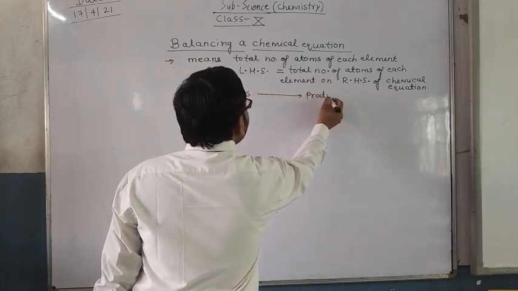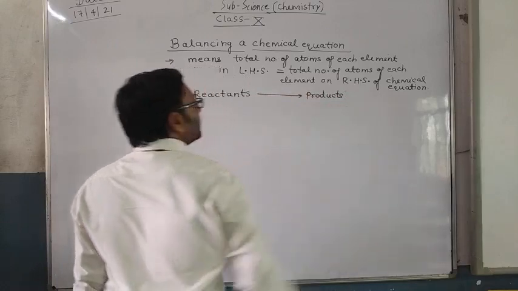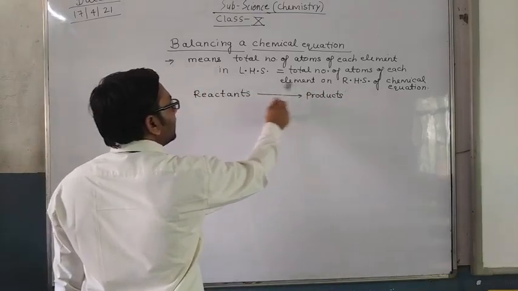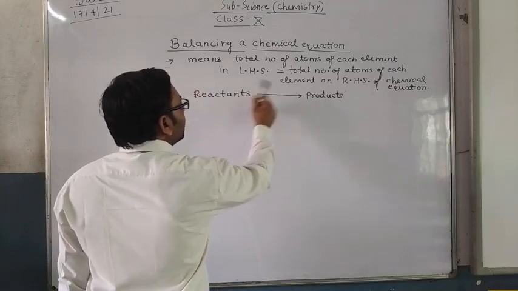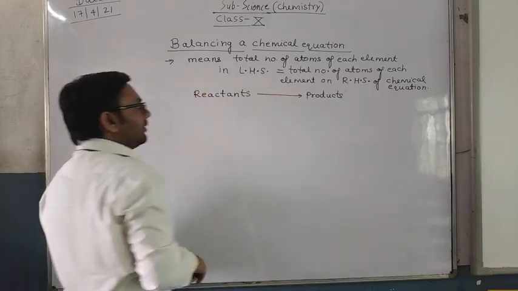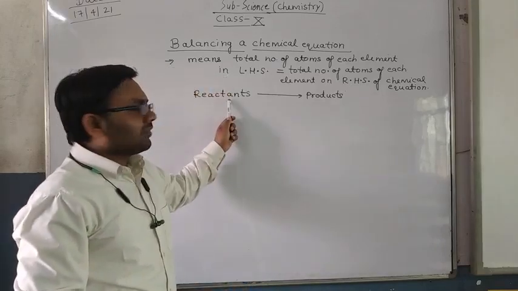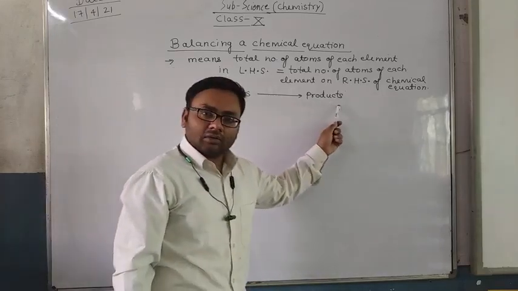This is the representation of a chemical reaction. There is an arrow in between which separates the reactants and the products. This is the left hand side of the reaction, and this is the right hand side.